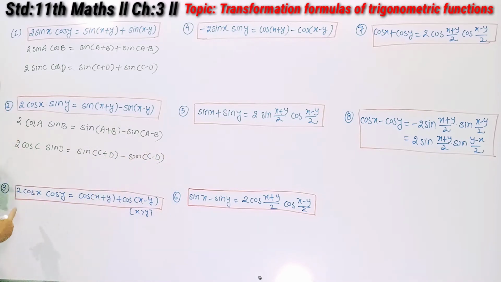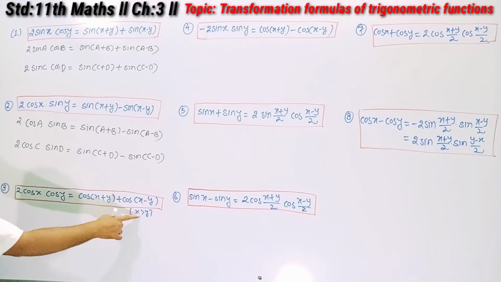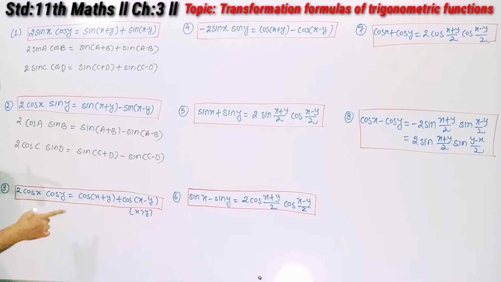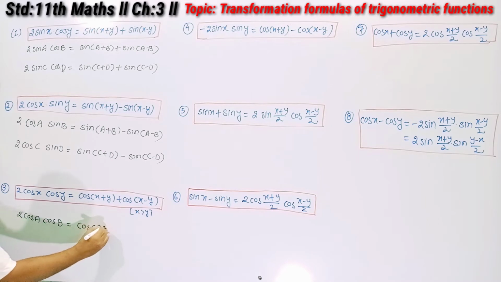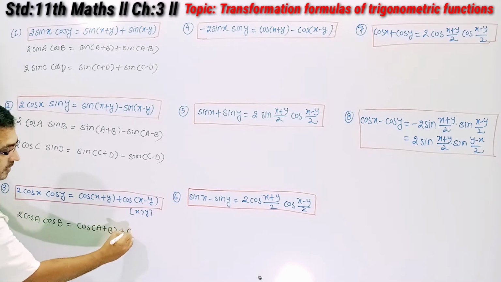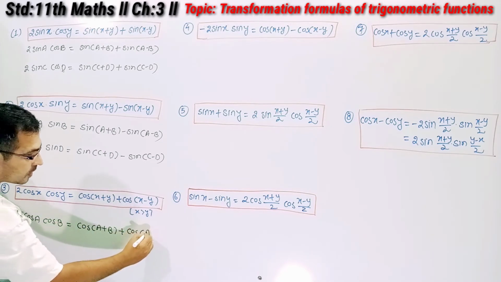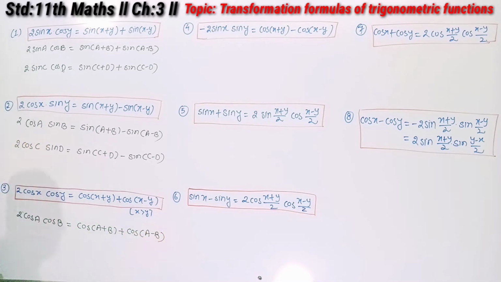Now the third one, 2 cos x cos y is cos(x plus y) plus cos(x minus y). The condition given is that x is greater than y. So we can write 2 cos a cos b is equal to cos(a plus b) plus cos(a minus b).